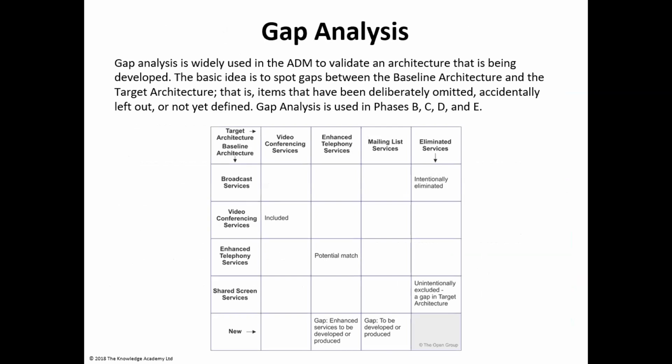Next one, gap analysis. Now, you know what a gap analysis is. A simple example is given here for you to understand better, so we'll just go through that. Please remember, in an ADM, which phase do you think we can do the gap analysis?